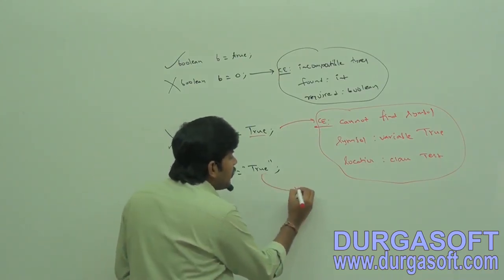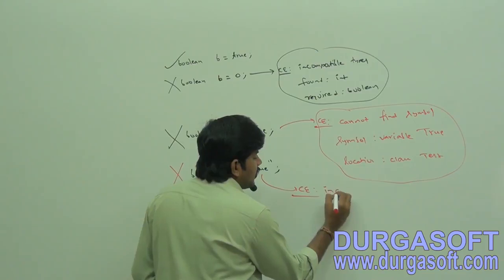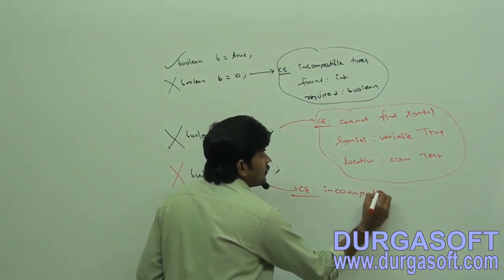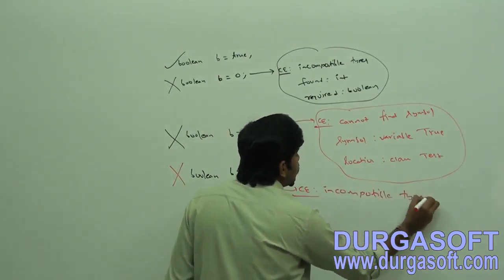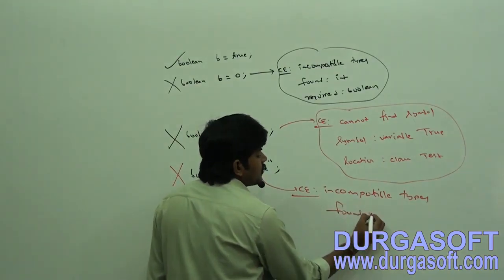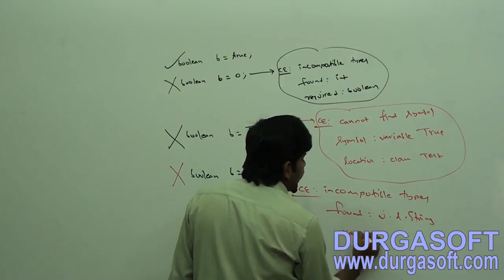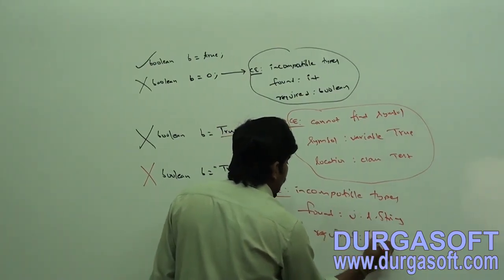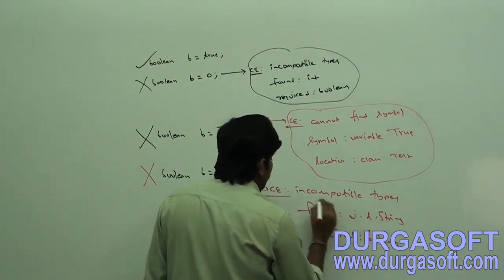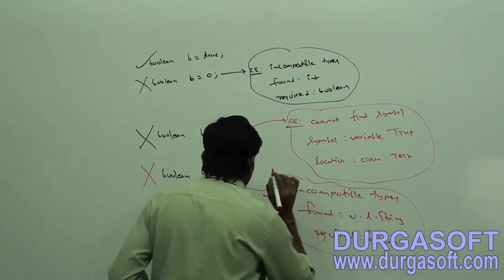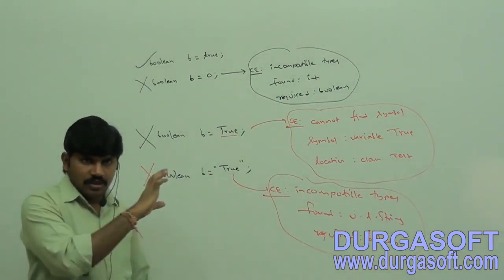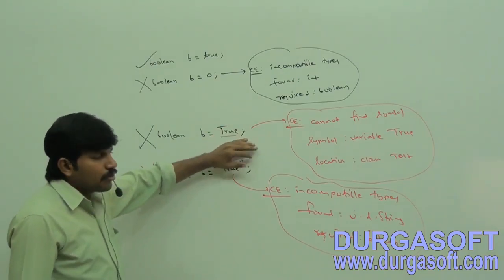That's why we immediately get a compile time error: incompatible types, found java.lang.String, required boolean. Are you able to understand, right? Make sure you people are aware.